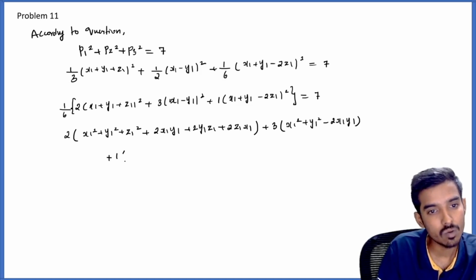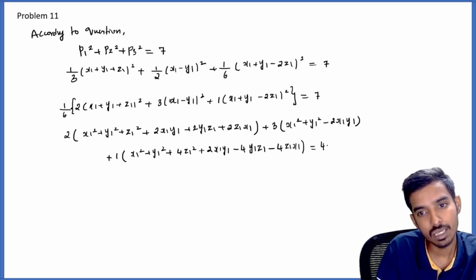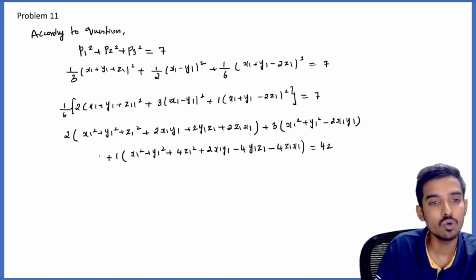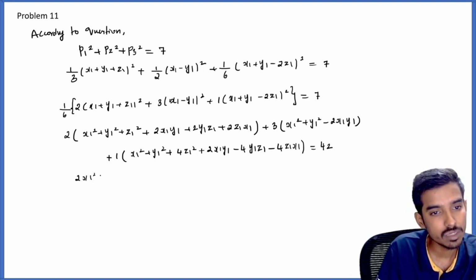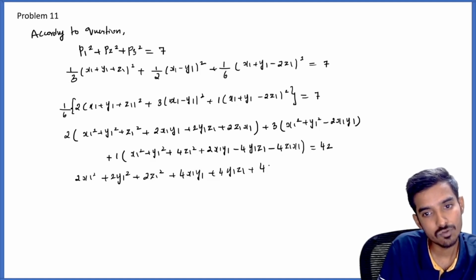And here you will have 1 into a plus b plus c whole square formula: a square plus b square plus c square plus 2 times ab, plus 2 times bc. So 2 times this into this will be minus 4 times y1 z1, plus 2 times ca, so minus 4 times z1 x1, is equal to 42, right? 6 into 7 is 42. So simplify this.